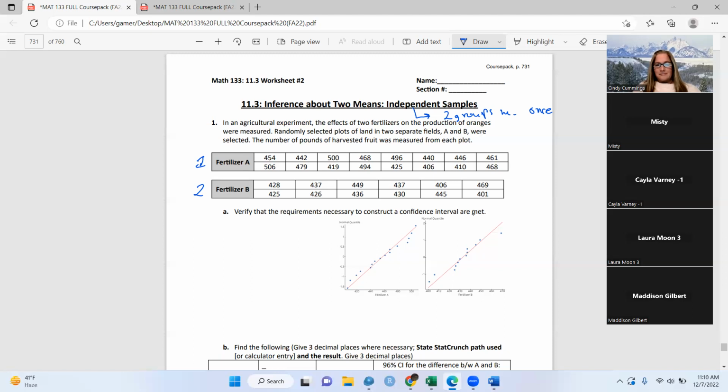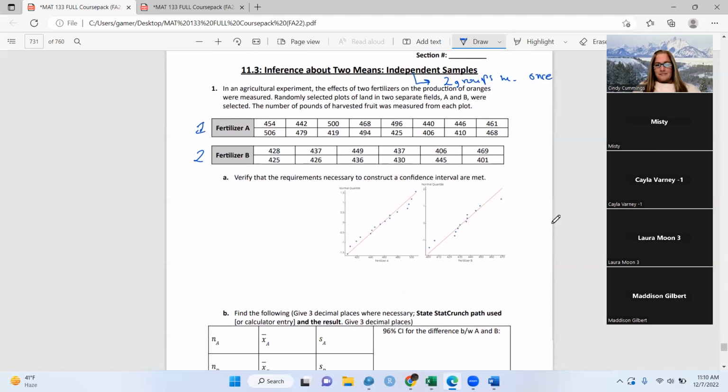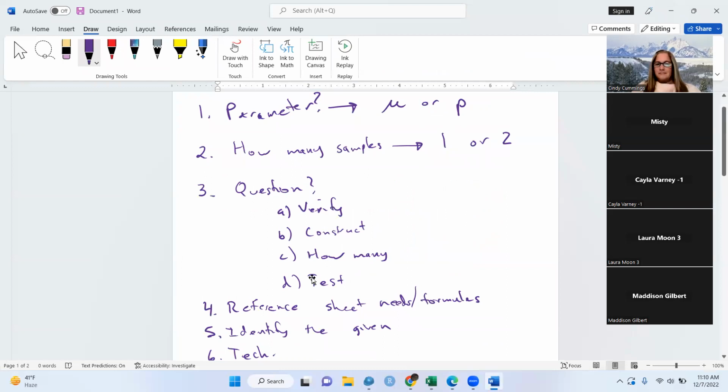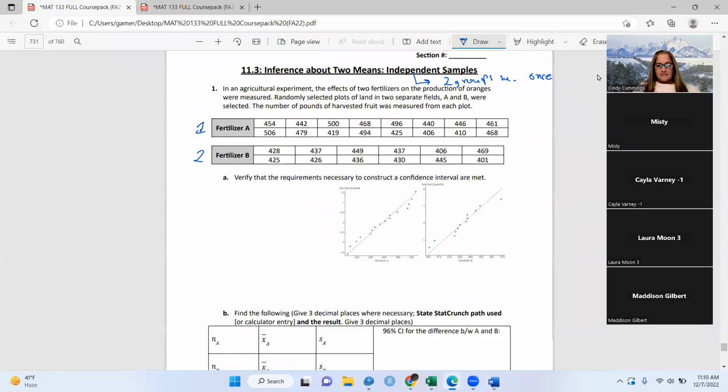Okay, what question are you being asked to answer in question A? I'll show you the list again. Which of these? Go ahead. Verify the requirements. So it's like the normal, random, all that.